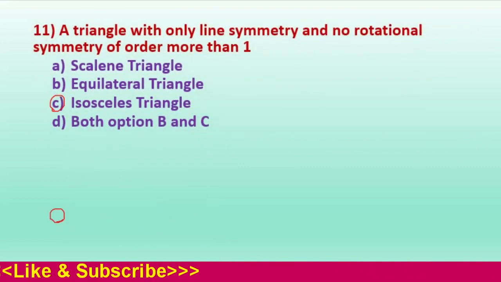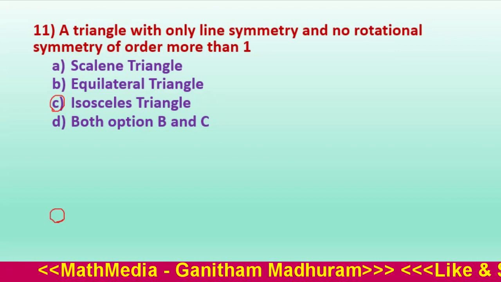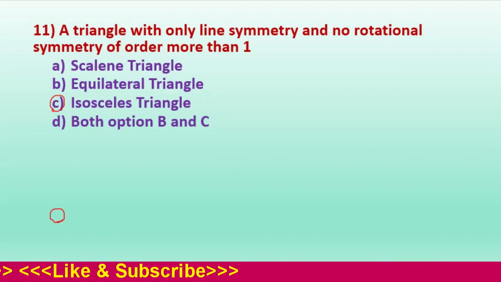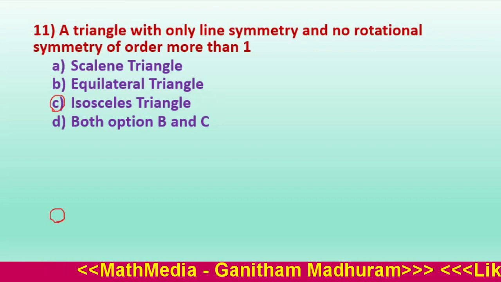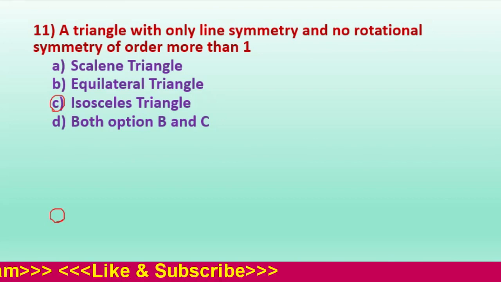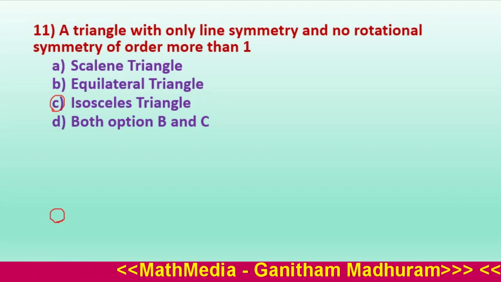Next, question number 11. A triangle with only line symmetry and no rotational symmetry of order more than 1. That is an isosceles triangle. Option C, isosceles triangle, which has line symmetry and no rotational symmetry of order more than 1, means the rotational symmetry of order is 1.